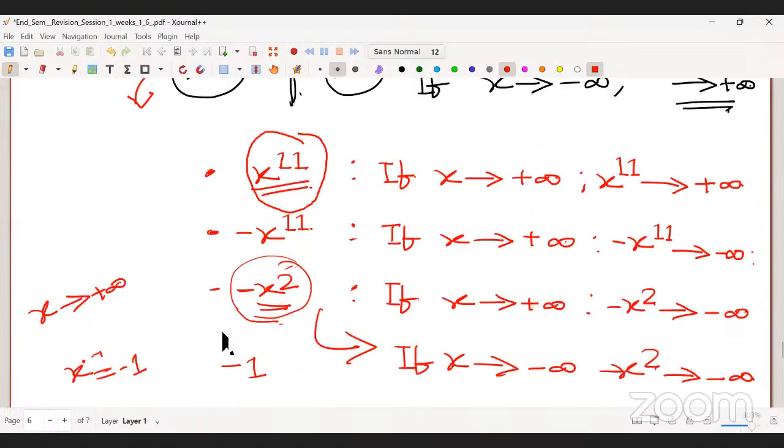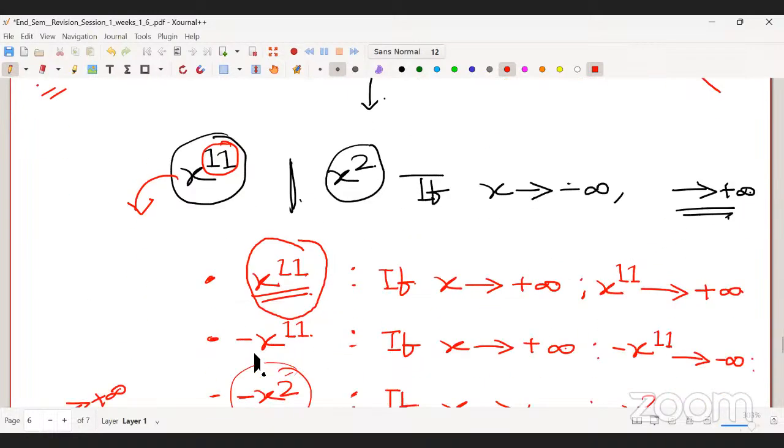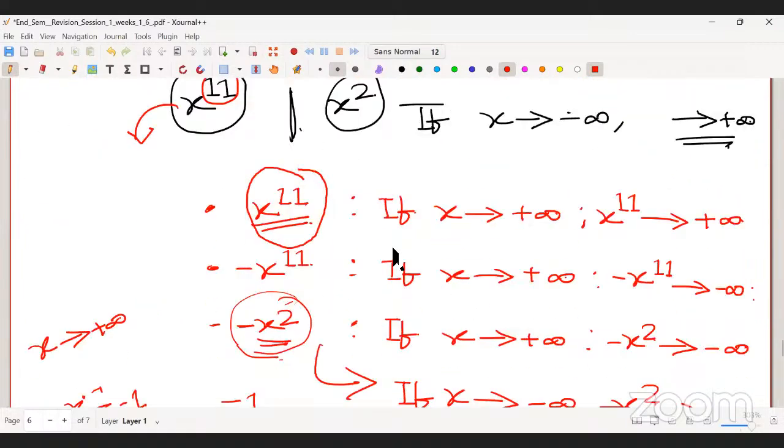Any positive value, x equal to 1, or x equal to 10, or x equal to 7, whatever is your favorite positive number, you substitute there. That will give you the end behavior on the positive side. And whatever is your favorite negative number, you substitute there, it will give you the end behavior on the negative side. Okay, sir. Thank you.